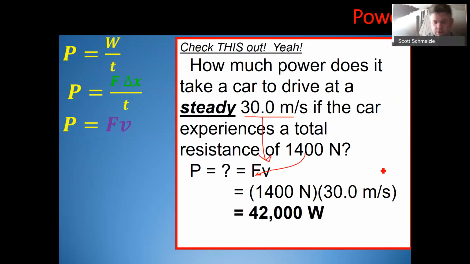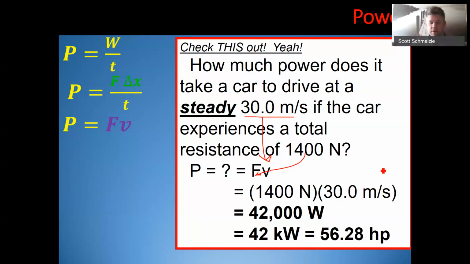Multiply those two together, we find that that vehicle going at a steady, about, what is that, 66, 67 miles an hour, should end up needing 42,000 watts of power, right? That's 42 kilowatts. It also turns into 56 horsepower.